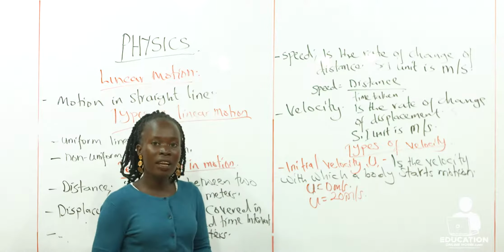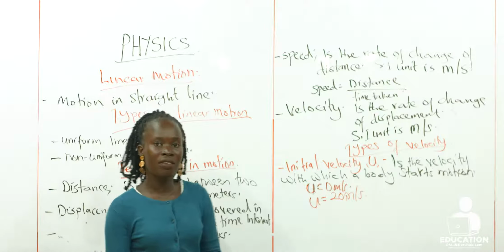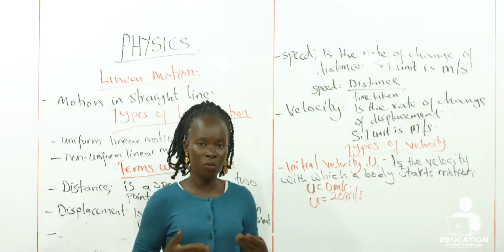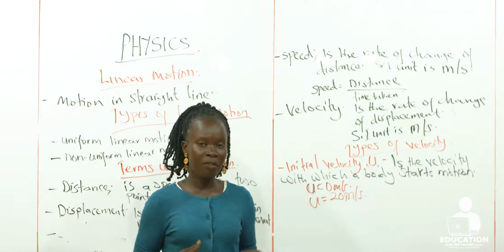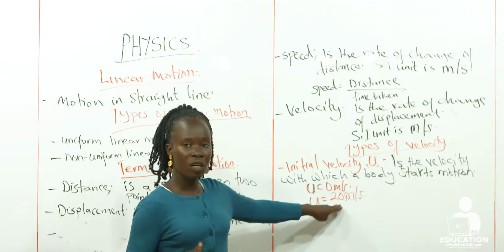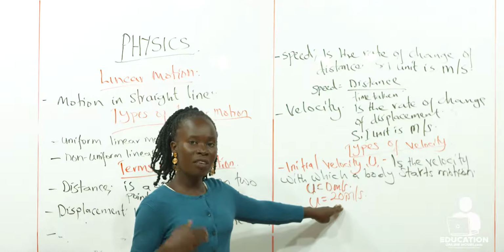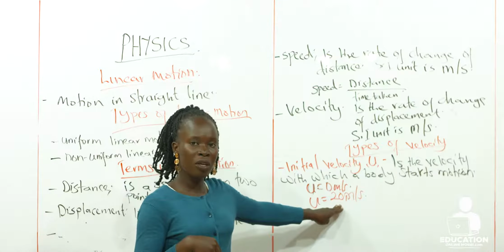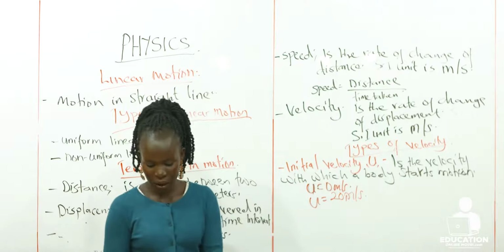So generally, initial velocity means the velocity that the body starts moving with. If the body was already moving at a velocity, starting at 20, that one is our initial velocity. And if it is starting from 0, from a point where it wasn't moving at all, the initial velocity becomes 0.